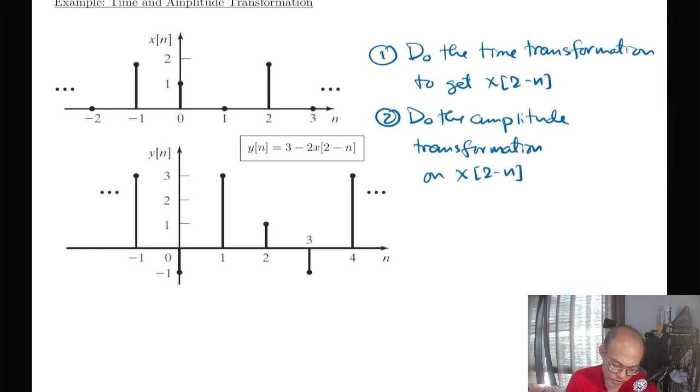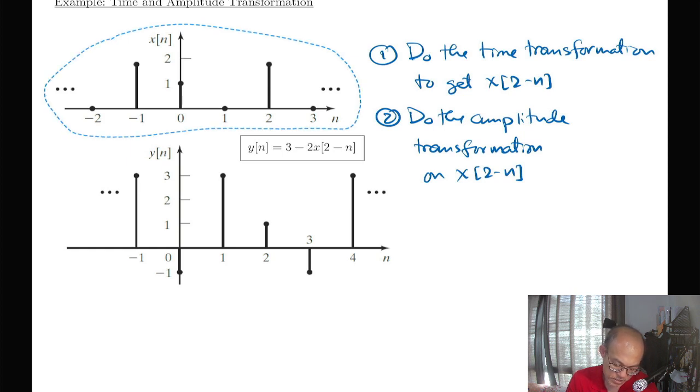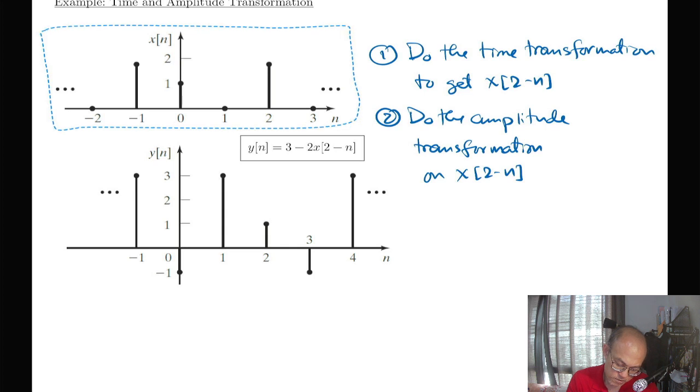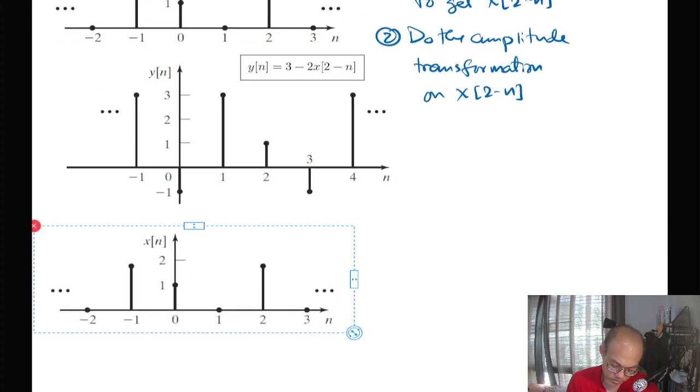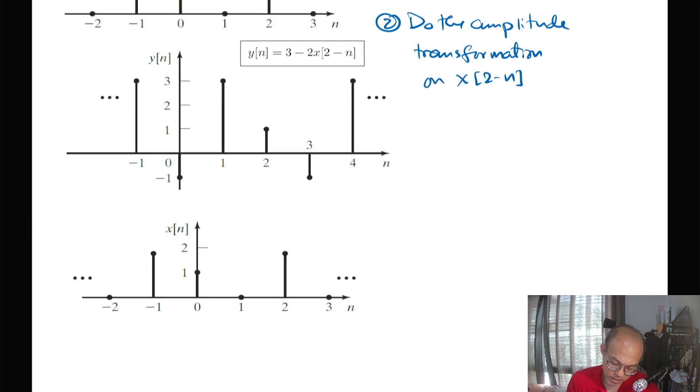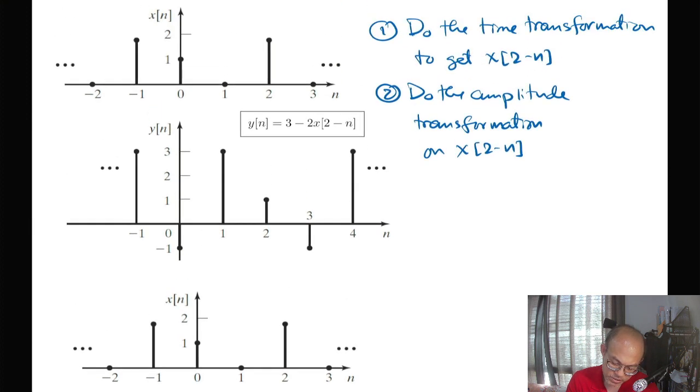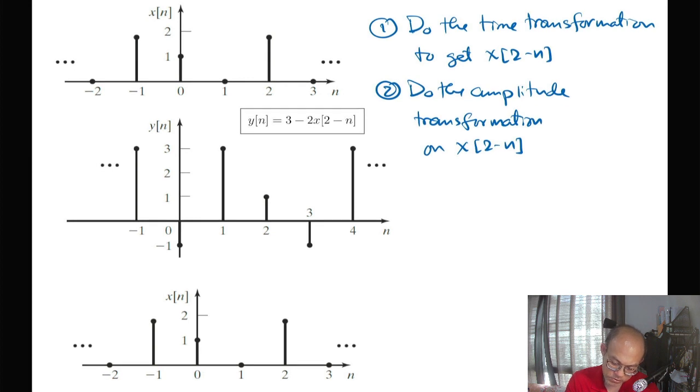So if we start with this x of n here, okay, we start with this one. Now let me draw it here. Then we do the time transformation to get this one. So remember how to do this one.